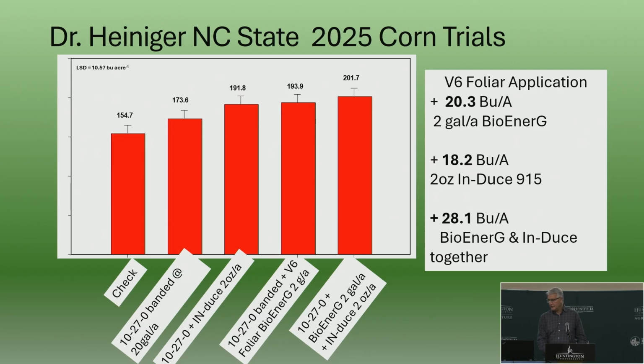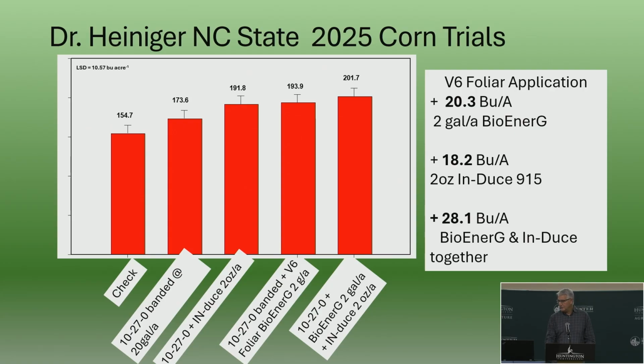Here's a V6 foliar application, gained 20 bushels with 2 gallons of bioenergy. We talked a little bit about the Induce, putting on 2 ounces per acre, gained 18.2 bushels. And actually, from the research, it looks like V9 is a better time of application for the Induce.